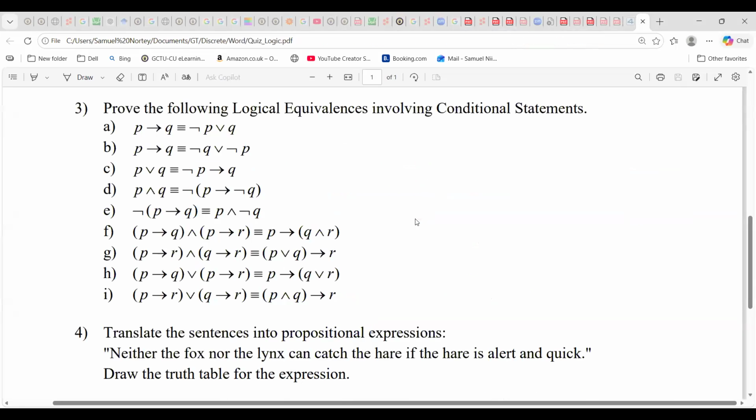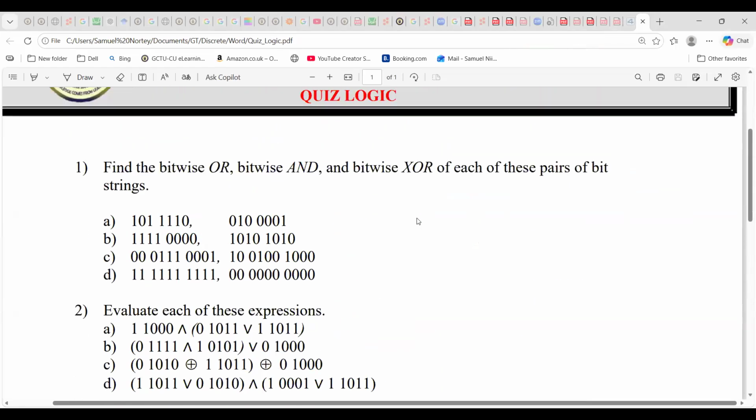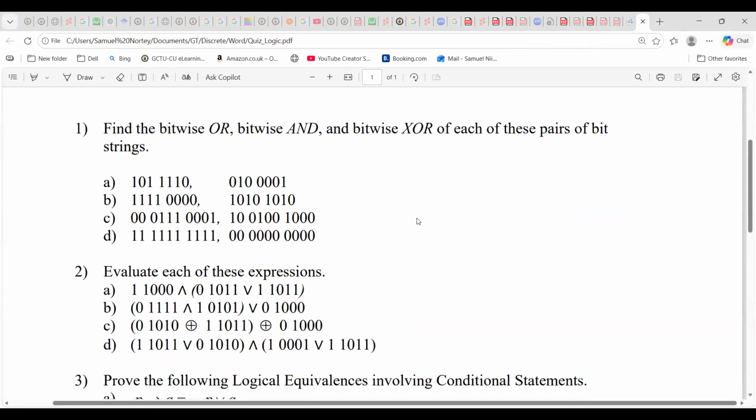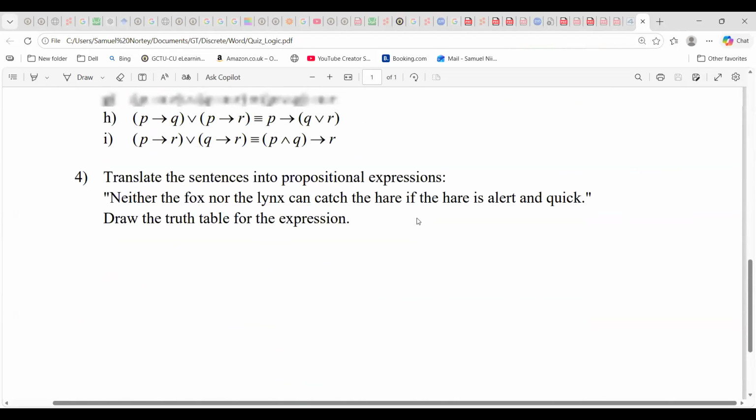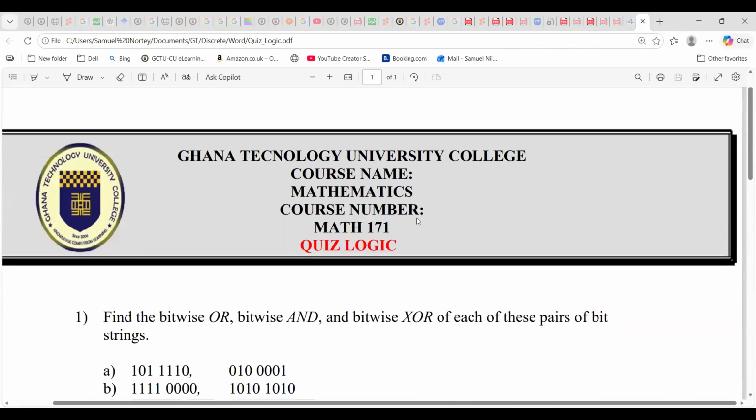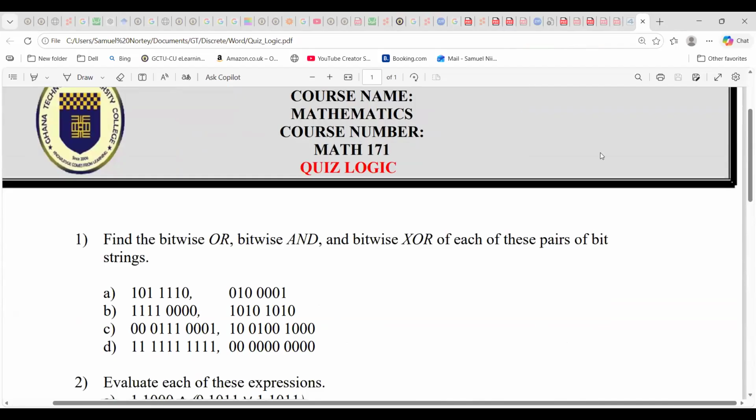So quiz on logic is quite a lot of truth table drawing. So please, this is supposed to be a group assignment. So you do them and submit one solution as groups.